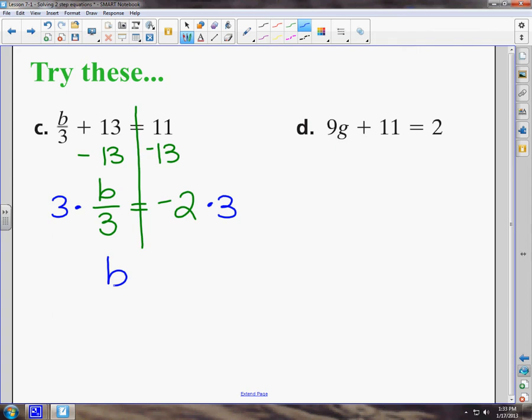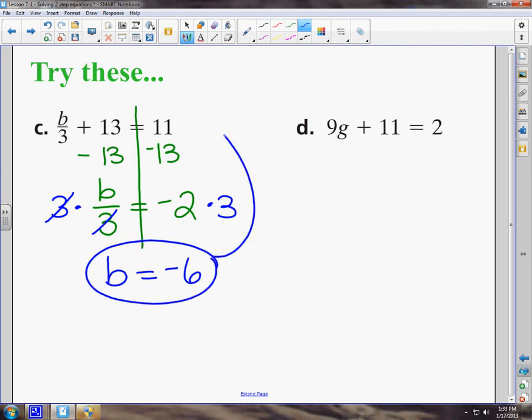If I multiply by 3 and divide by 3, they cancel each other out, so I'm left with just b, and negative 2 times 3 is negative 6. Then I'm going to try it: negative 6 divided by 3 is negative 2, plus 13 equals 11. Yes.